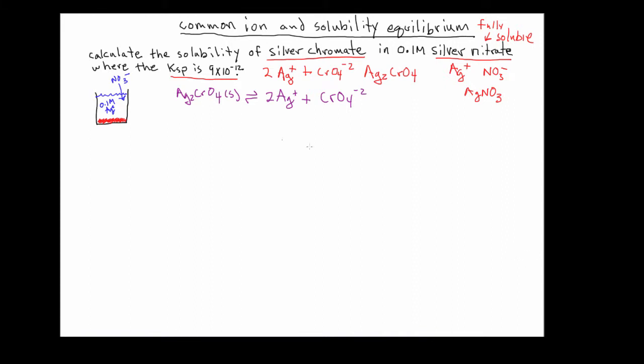If we set up our ICE table, I just use an arbitrary letter here as a placeholder for the solid, because remember this is a heterogeneous equilibrium, and the density or concentration of the solid material is constant throughout this entire process.